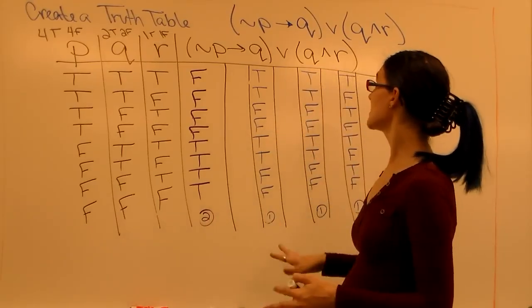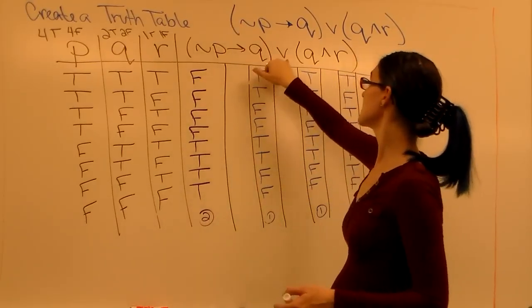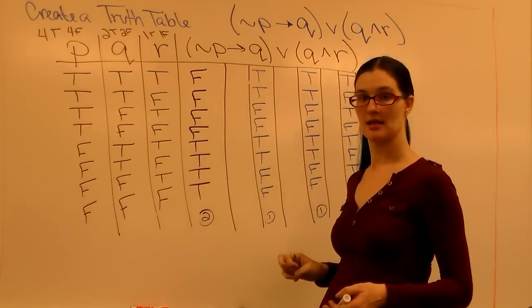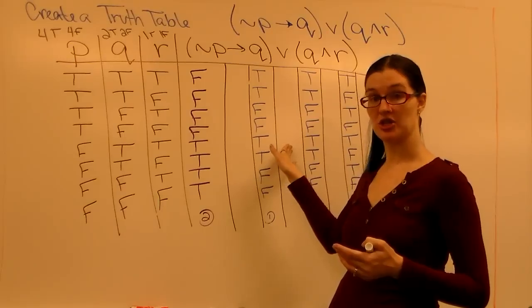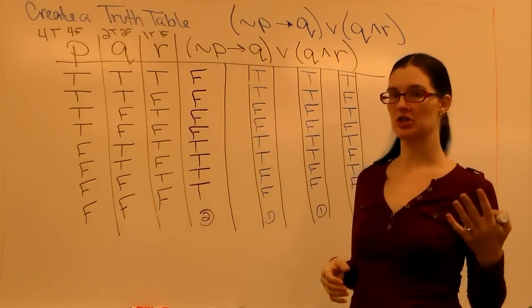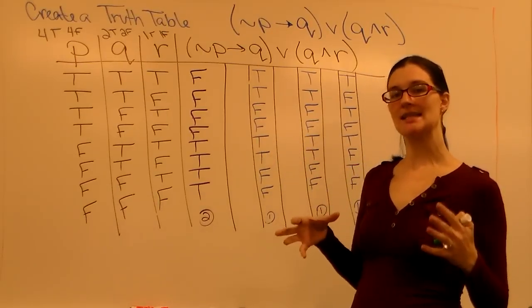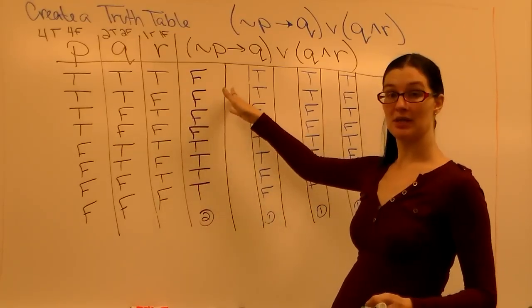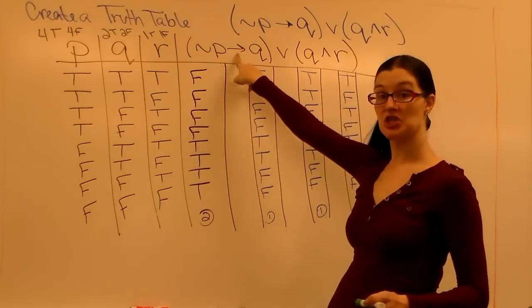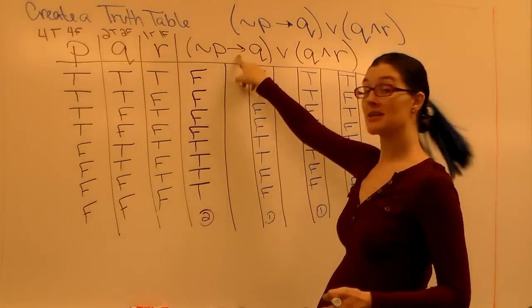Now I'm going to look in here and say, okay, I've got a set of parentheses, disjunction, set of parentheses. I need to do inside the parentheses before I can do the disjunction. If you think back to your order of operations, we always had to complete inside the parentheses first. Same thing here. We've got to complete the inside first. So we have a conditional.